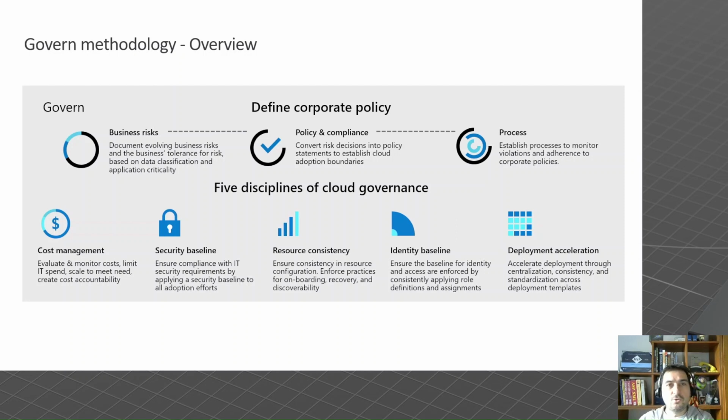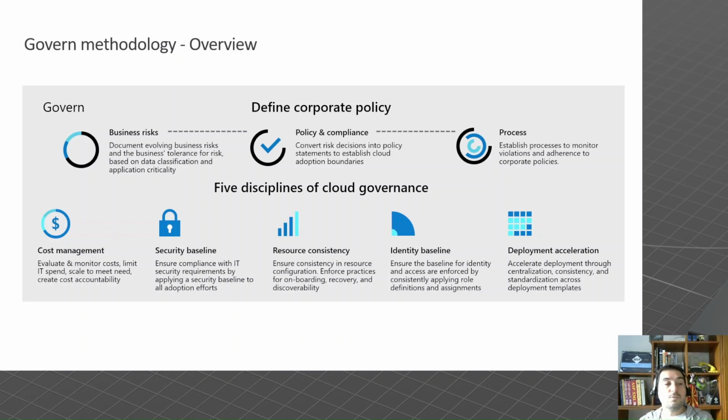Any risk decision should be converted to a policy statement, and then that would establish the so-called cloud adoption boundary, right? What's the area I can expand myself to? And then processes, right? We need to have a process to monitor the violations in correlation to our established corporate policies.